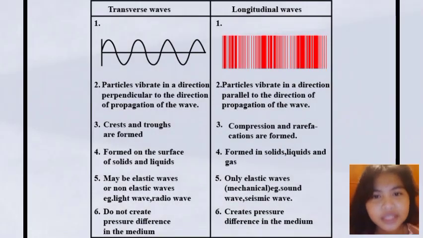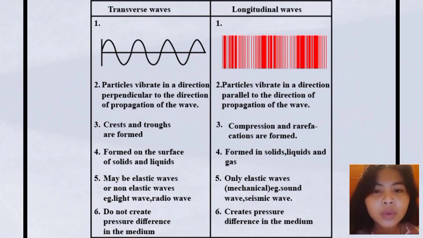As a synthesis, we have here a table of the differences between the transverse wave and the longitudinal wave. The wavelength, the amplitude, the crest and the trough are pretty obvious in transverse waves. In longitudinal waves, the compression site and the rarefaction site are pretty obvious. The first difference is the orientation of the waves, how the wave moves.